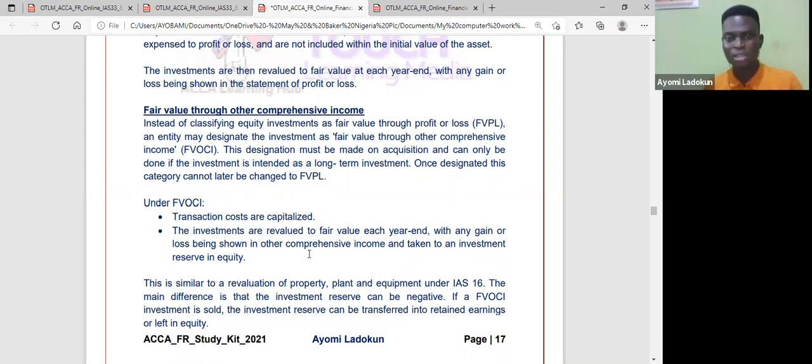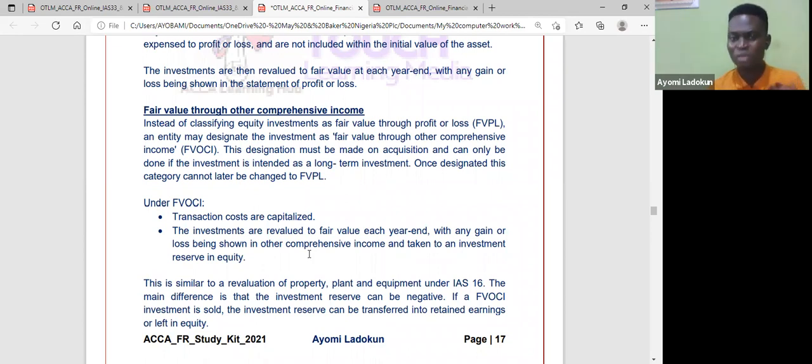Then subsequently, you can decide to measure at either fair value through profit or loss or fair value through other comprehensive income. Naturally, most equity instruments have the feature of fair value through profit or loss. So if they are using fair value through profit or loss, the transaction cost will be expensed. Then that investment will be revalued to its fair value, and any gain or loss will also be recorded in profit or loss.